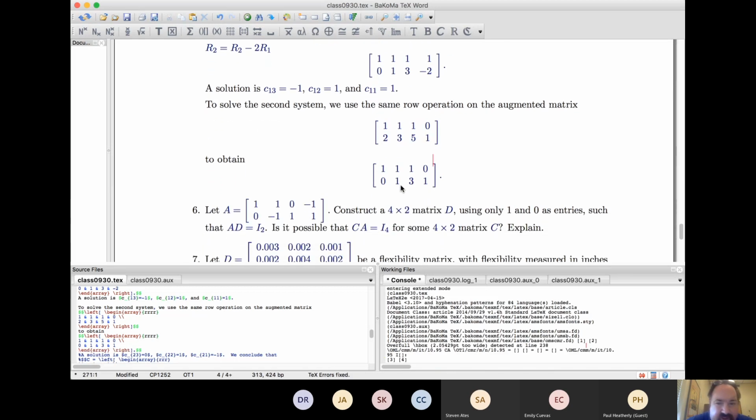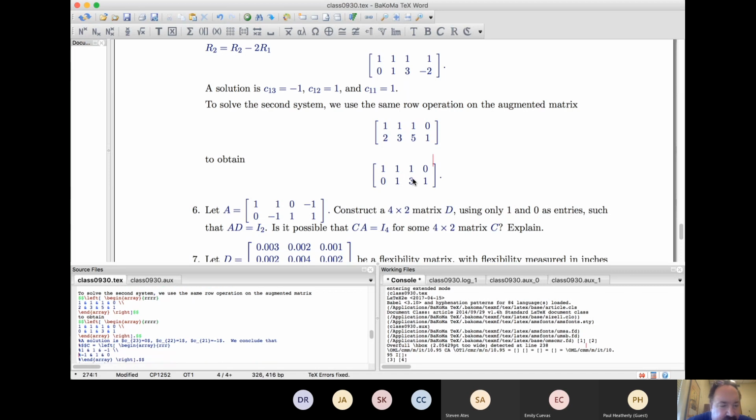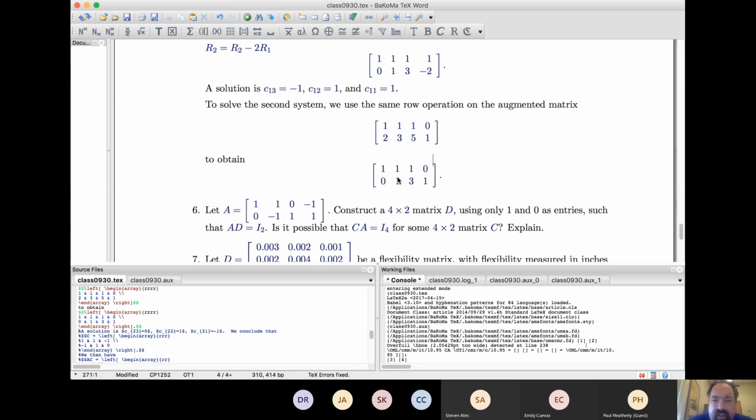And here again we have a free variable. If you want to set these unknowns equal to plus or minus 1 or 0, one logical choice is to set this unknown to 0, and I set the second unknown equal to 1. So then this equation would be satisfied.